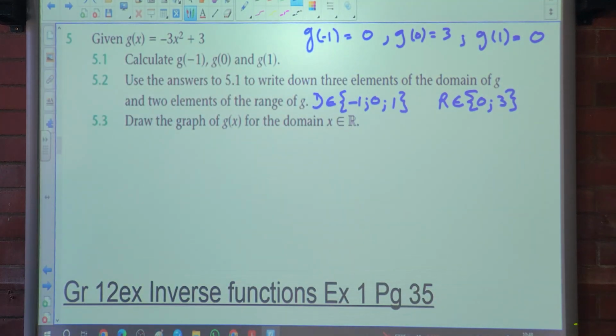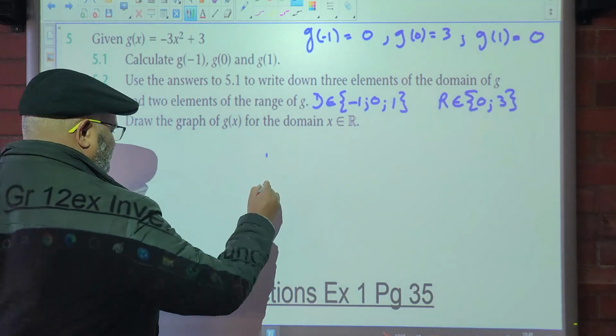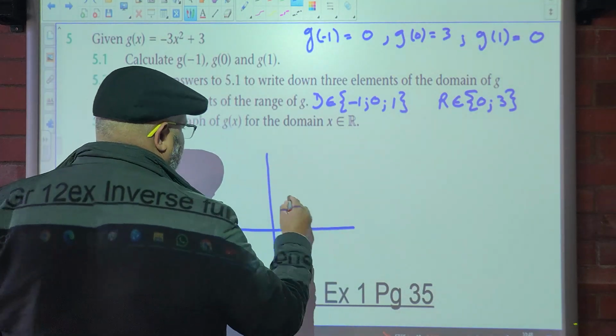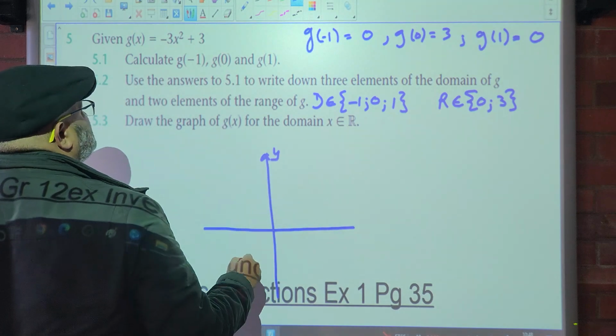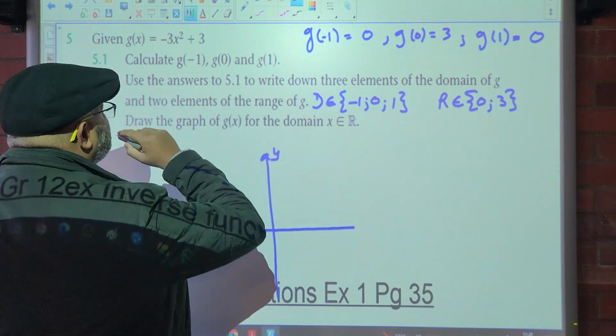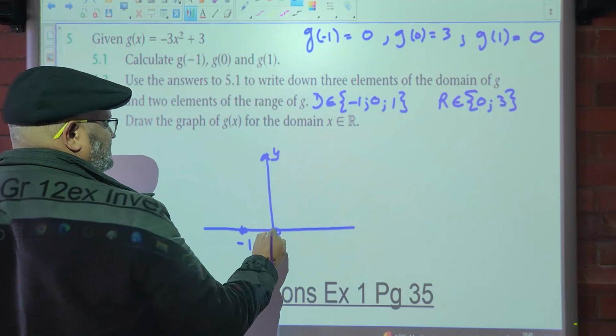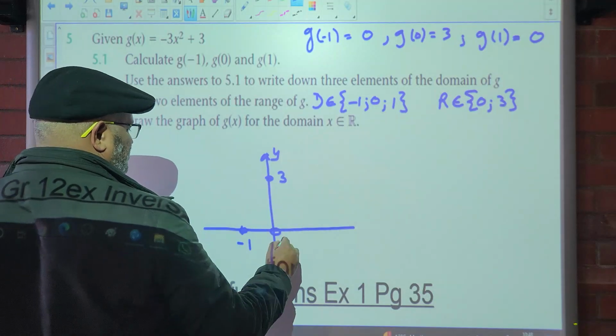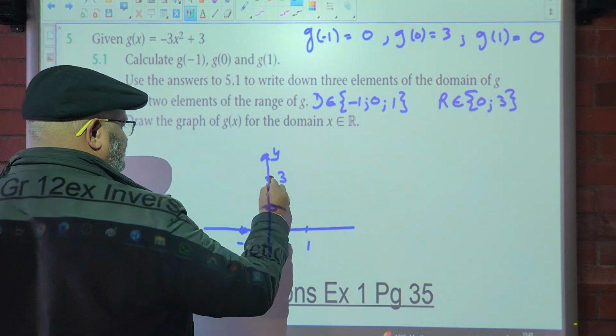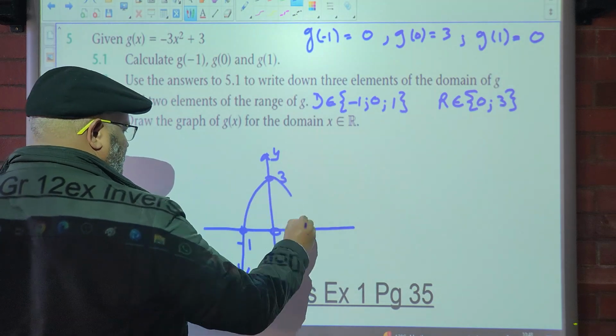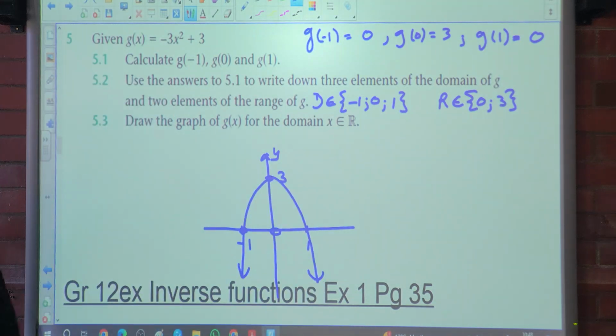Okay. Draw the graph. So negative 1 was 0, 0 was 3, and 1 gives 0. As you can see, it's a quadratic function. Alright.